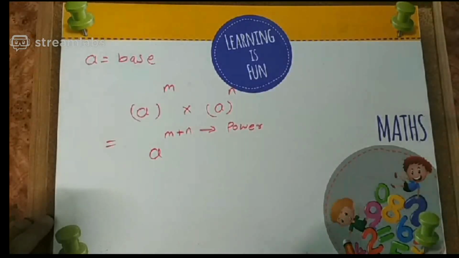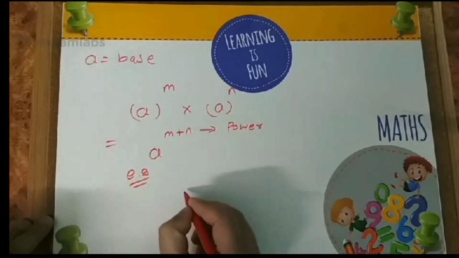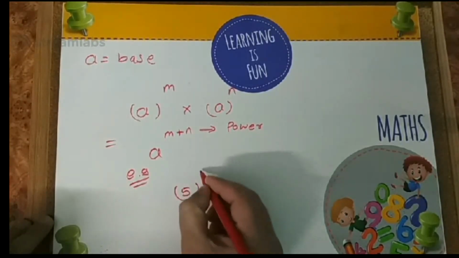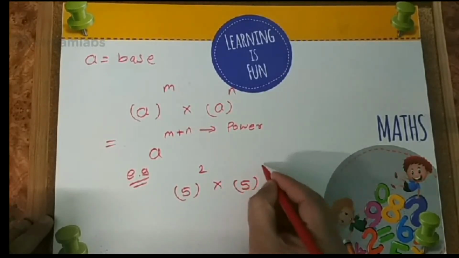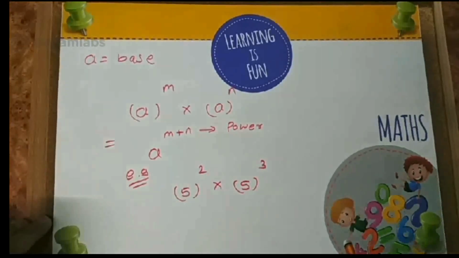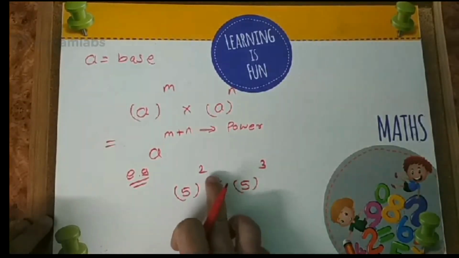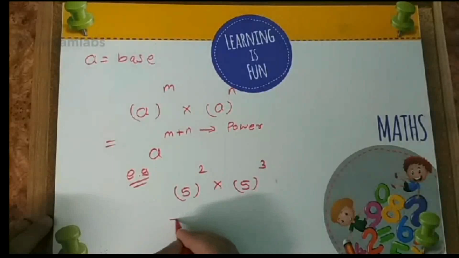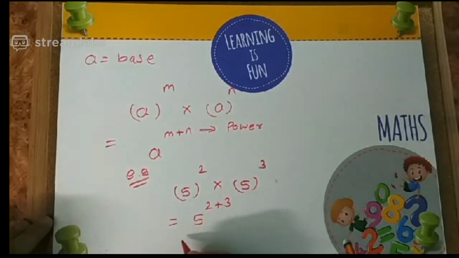Now let's take one example: 5 power 2 multiplied by 5 power 3. Here you can see that the base is the same and the power is different. So the answer will be 5 power 2 plus 3, so the final answer will be 5 power 5.